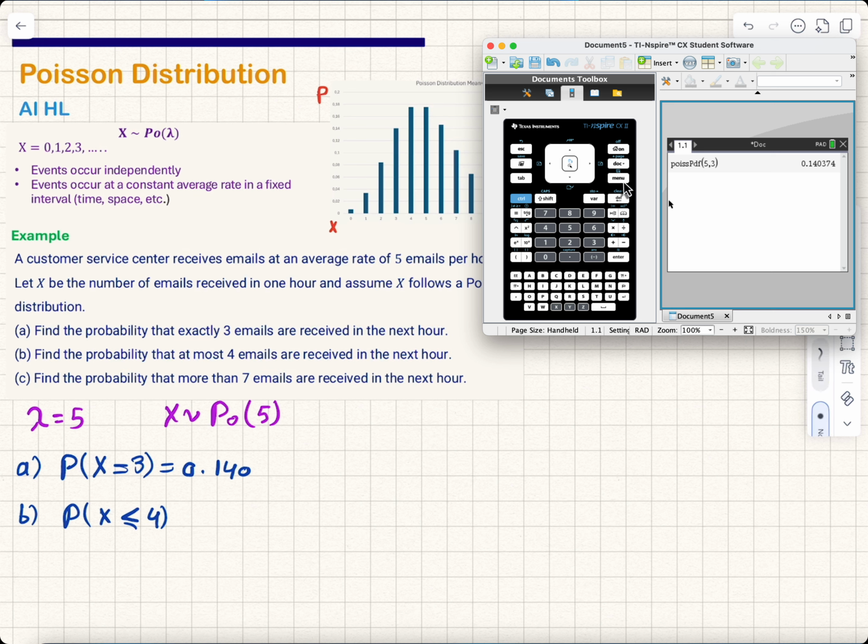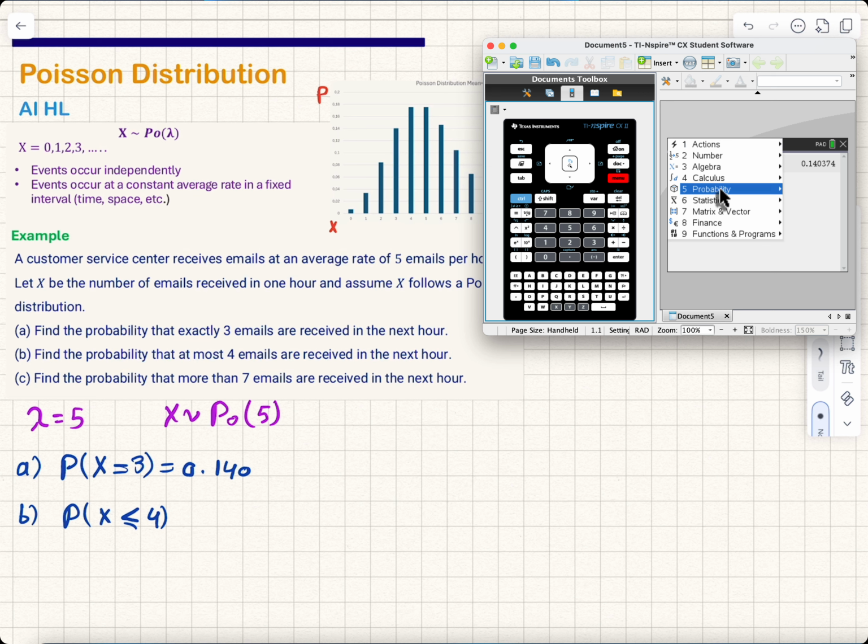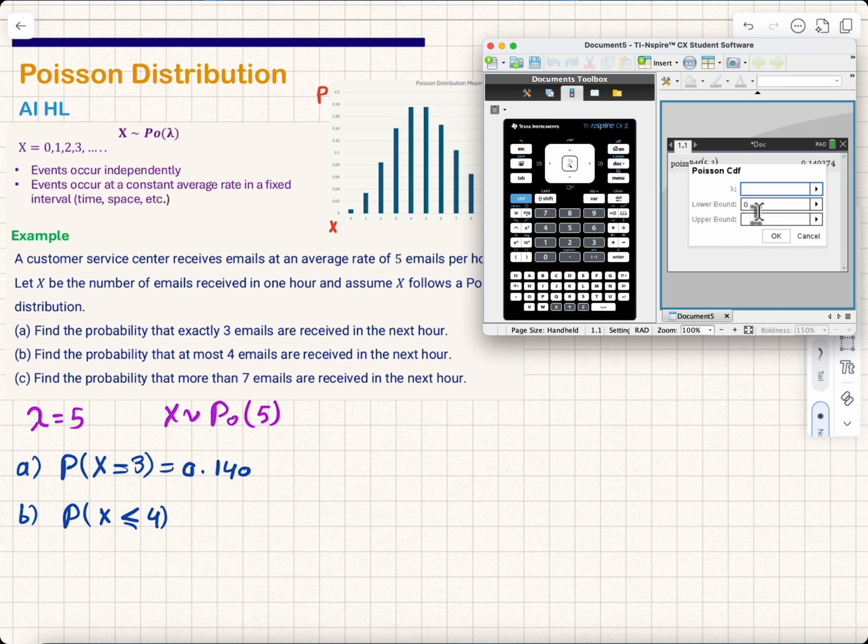Here we use Poisson CDF. So distribution, Poisson CDF here. Lambda is 5. Here the lower bound will be the least amount. In our case, since we have 4 emails or fewer up to 0, then the lowest number will be 0. And the upper bound or the maximum number of emails would be 4.